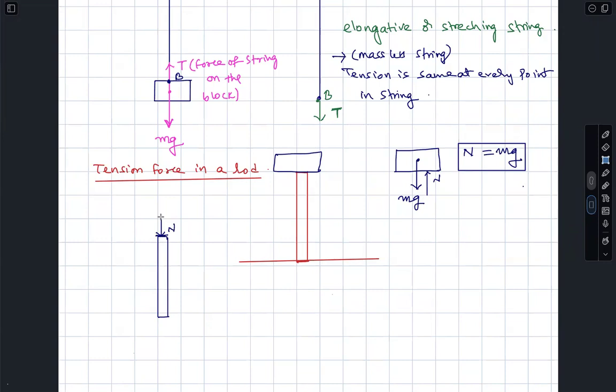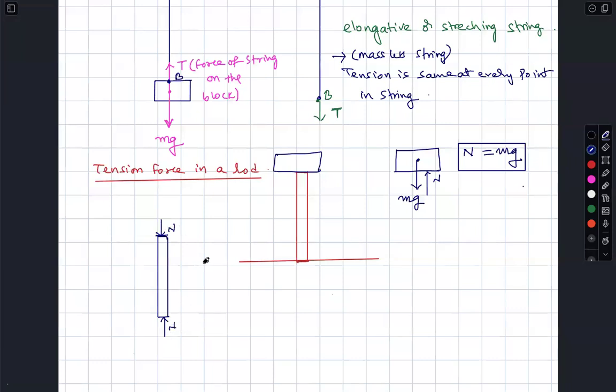Right, this is the rod. Now you have clearly understood the rod is also in equilibrium. So therefore the floor should also exert a force.